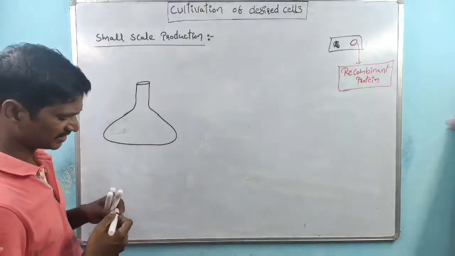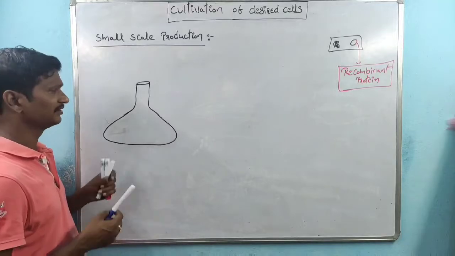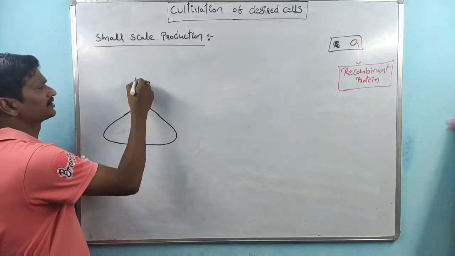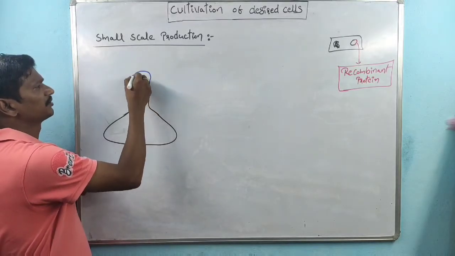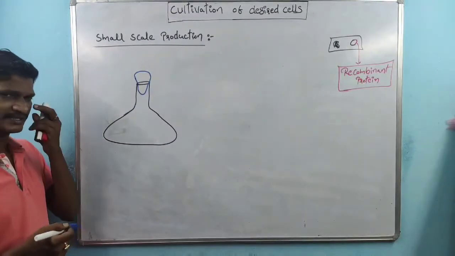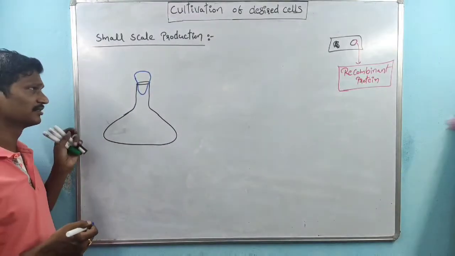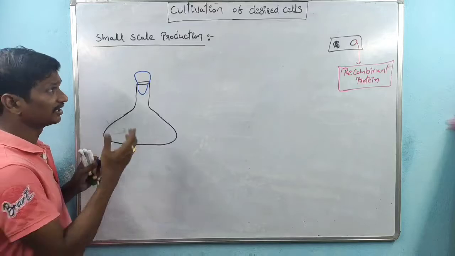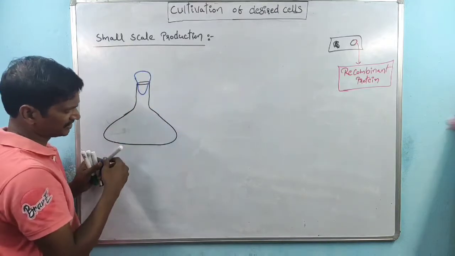Suppose this is one of the conical flasks, and within that conical flask we are cultivating the recombinant cells.